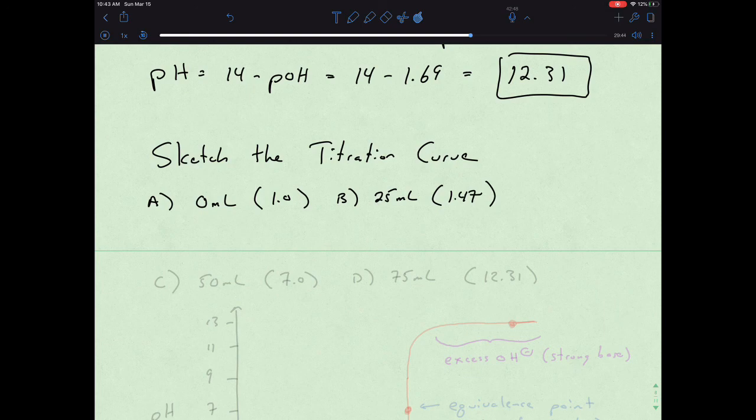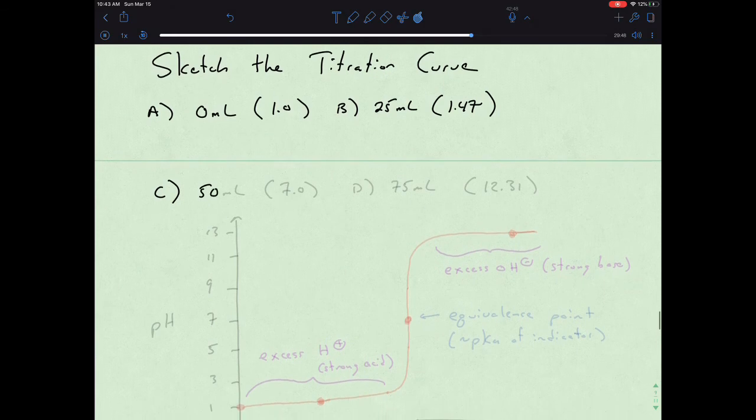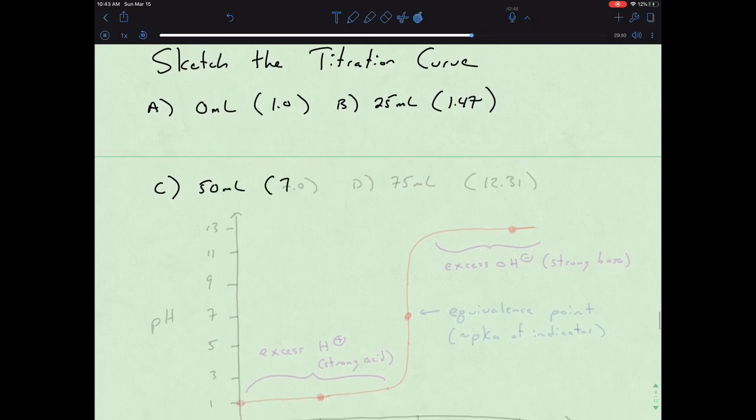For part C, we were at 50 milliliters, and we had a pH of 7.0. And then we just did part D, where we were at 75 milliliters, and we had a pH of 12.31. So those are our points that we actually need to now plot.